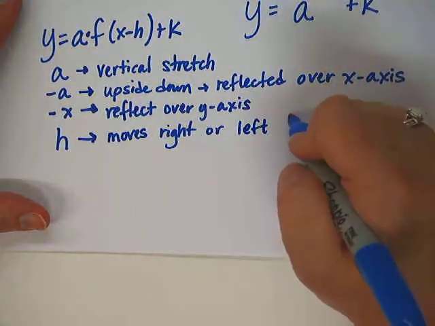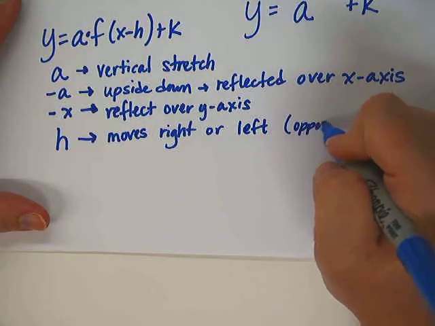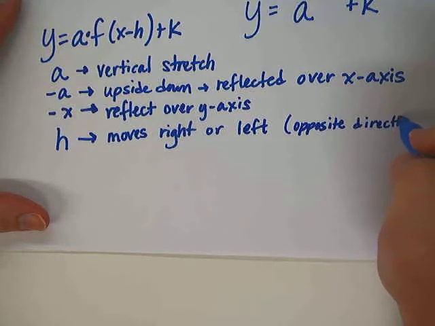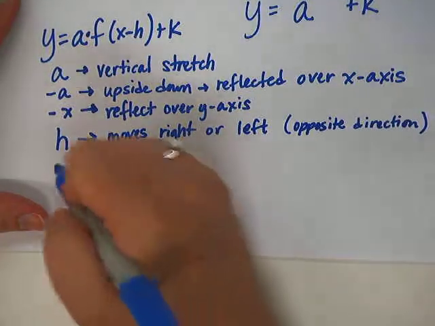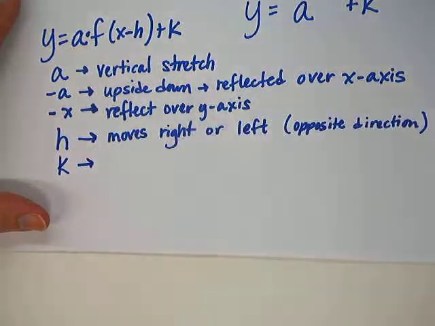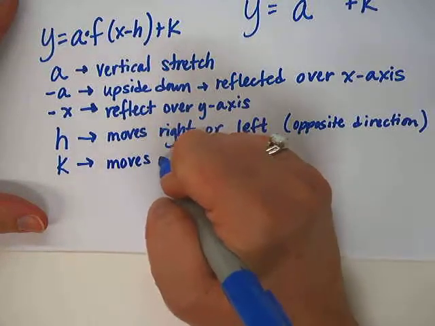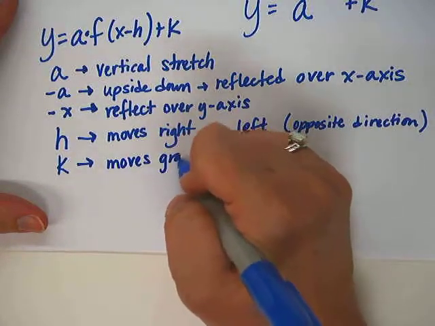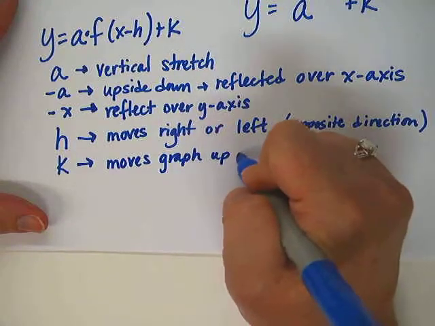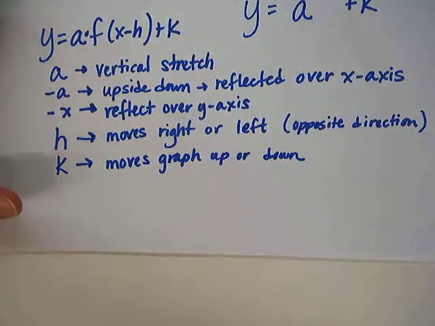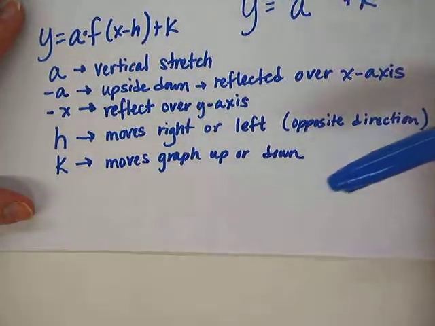Moves right or left, but what's weird about that one? It kind of goes the opposite direction of what you think it's going to go. Okay, and then what is k? What does k do? Okay, it moves the graph up or down.